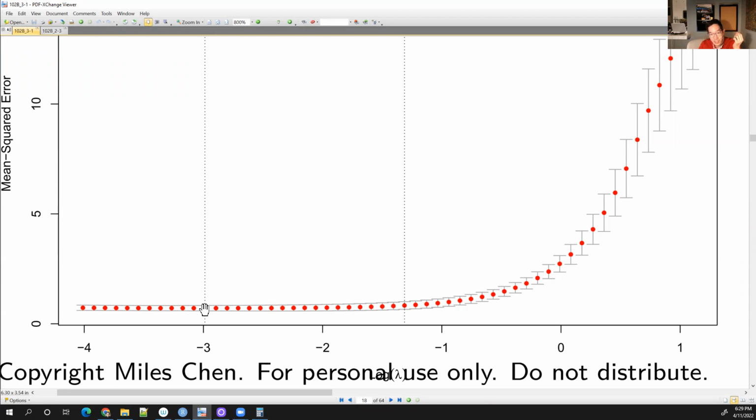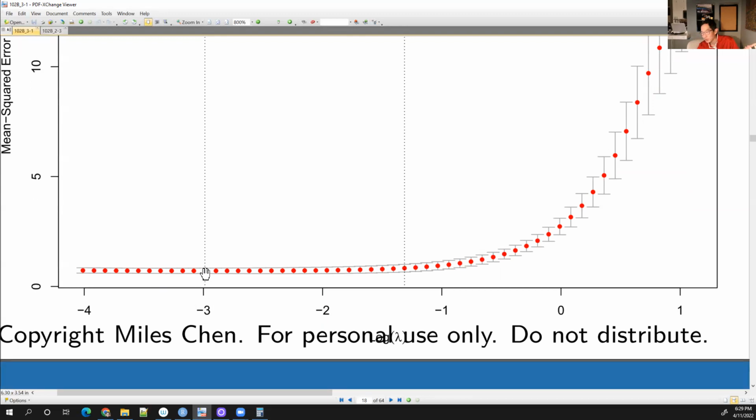So statistically speaking, this amount of error is not very different from that amount of error. And so the wisdom, if you don't want to do any additional thinking, is to pick the biggest value of lambda that is still within the error term of the smallest value, the one that minimized the cross-validation error.